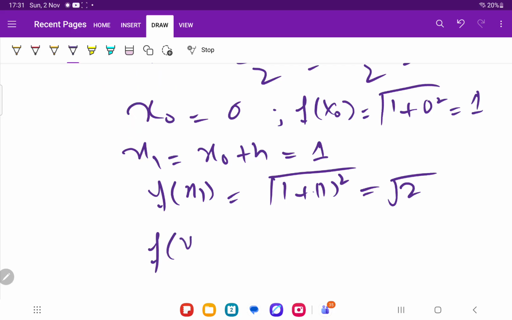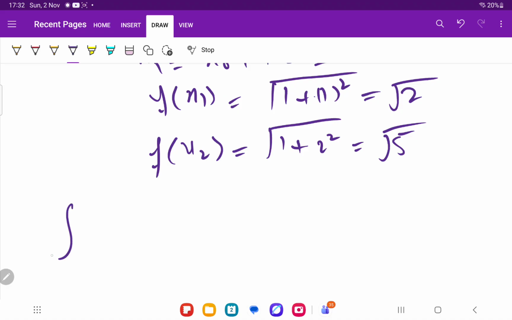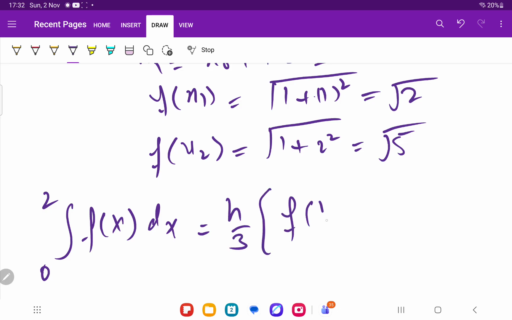f of x2. So f of x2 is 1 plus 2 squared, and the answer is square root 5. Okay, now I am writing the formula again: h by 3 times f of x naught plus 4 multiplied by f of x1 plus f of x2.